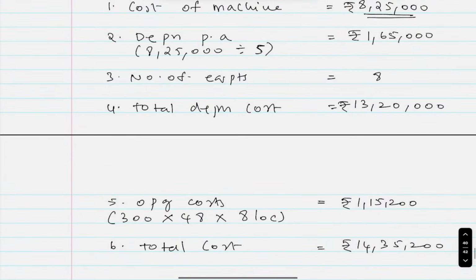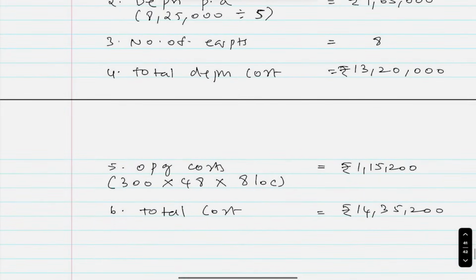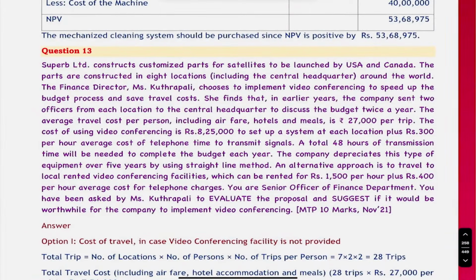If anyone has any doubt, you can ask. I'll wait for a minute. If you have any doubt, you can ask. First of all, I want one answer. Did you understand the meaning of operating cost? See here. Each location, 300 rupees per hour I need to spend.